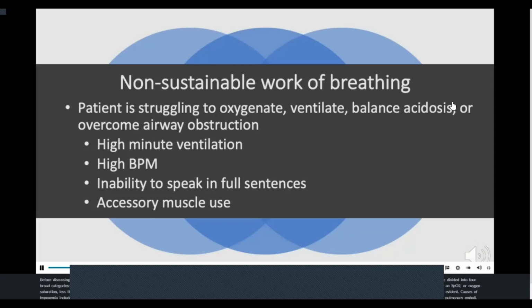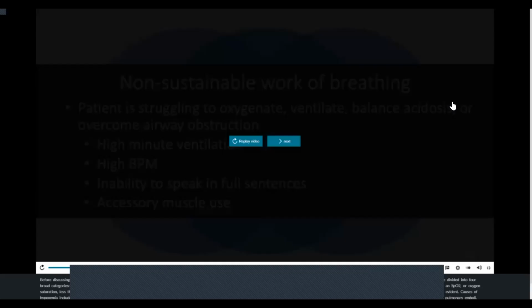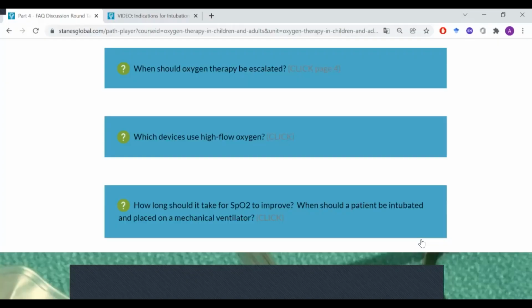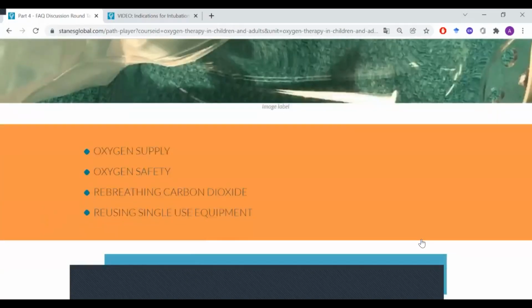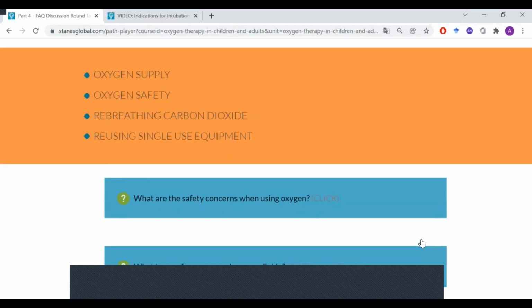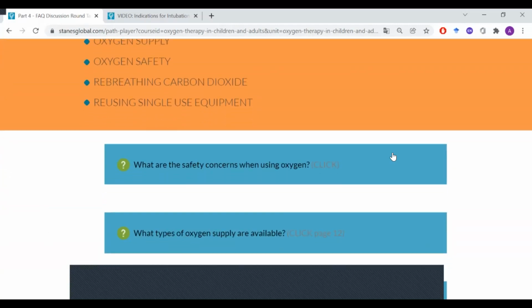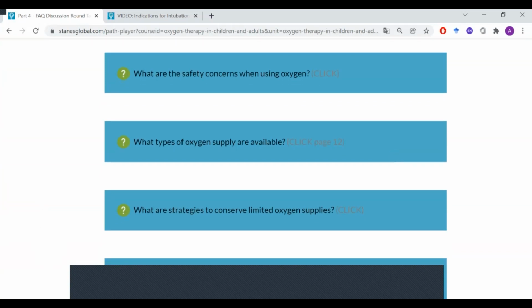Pathologic examples include status asthmaticus and severe metabolic acidosis. That's a good summary of when to escalate oxygen therapy and consider intubation.